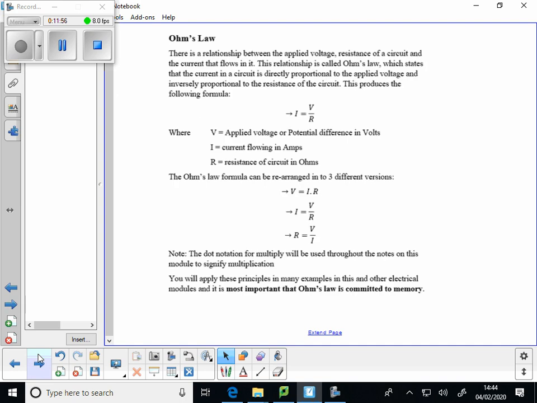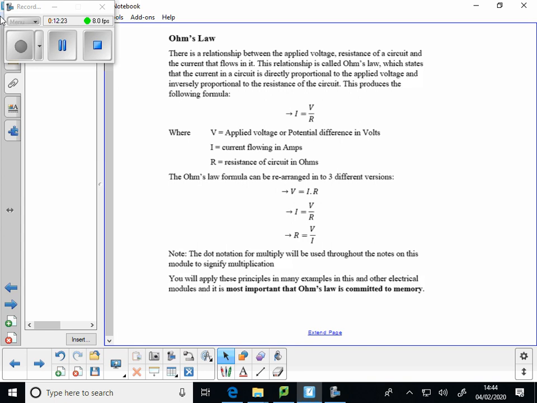So, Ohm's law. Again, we've covered this in science, but it's in the electrical principles notes as well. It's the relationship between the applied voltage, the resistance, and the current flowing. And I always say the current last because the current happens because of the other two.